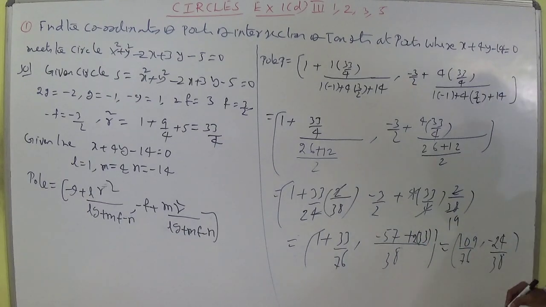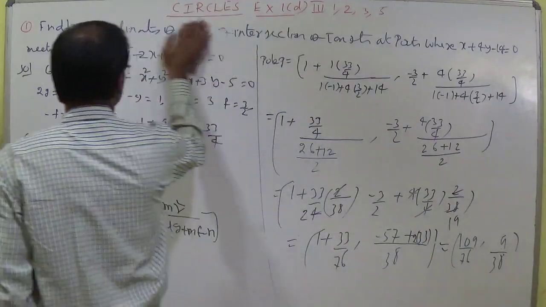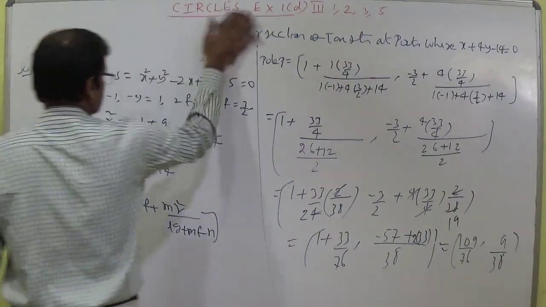So it is 66 minus 57, which becomes 9, 9 by 38. This is the pole. So in an indirect way he asked it of us.